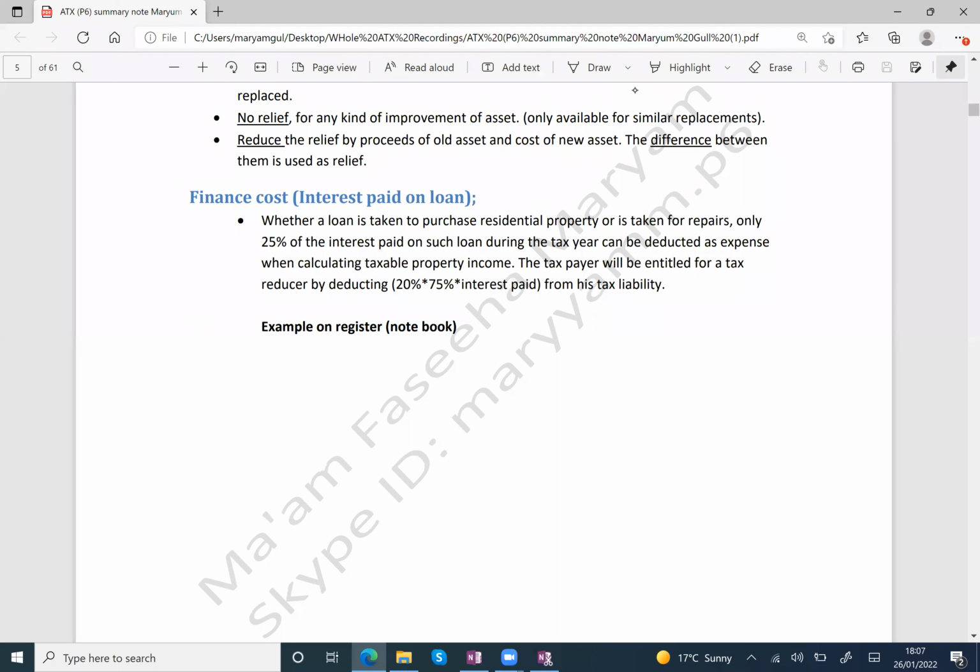And the 100% finance cost restriction will be given in the tax rates and allowances section in the examination. So the simple concept is, when you get a loan and pay interest on that loan, meaning finance cost, you apply the basic rate to all the interest, 100%, and use it as a tax relief.